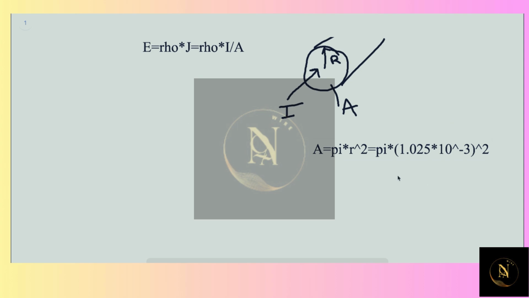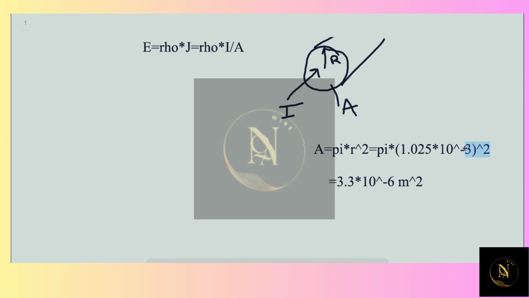And I'm going to go ahead and calculate what that is. So pi times 1.025 times 10 to the minus 3, squared, equals 3.3 times 10 to the minus 6 meters squared.